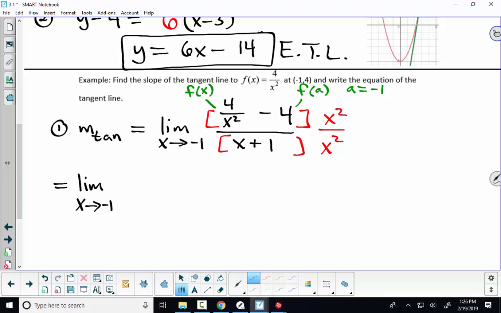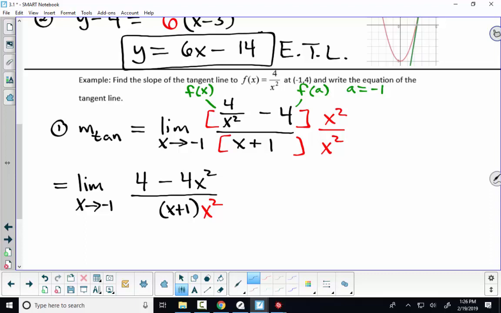You don't want to multiply the denominator out, because then you're going to lose that in the process of multiplication. So we will leave the denominator as it is, x plus 1 times x squared. What does the numerator turn into? 4 minus 4x squared.